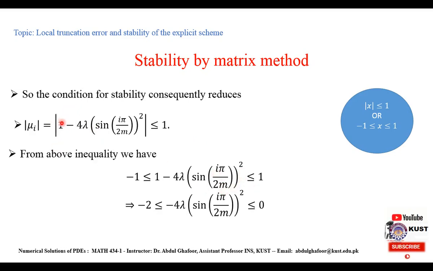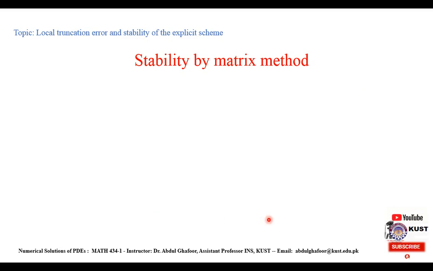Here we are using this whole term instead of x. Now subtracting 1 from the whole inequality, this implies that -2 is less than or equal to -4 lambda sin^2(i pi / 2m) less than or equal to 0.